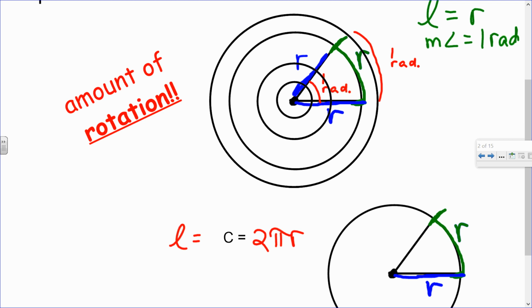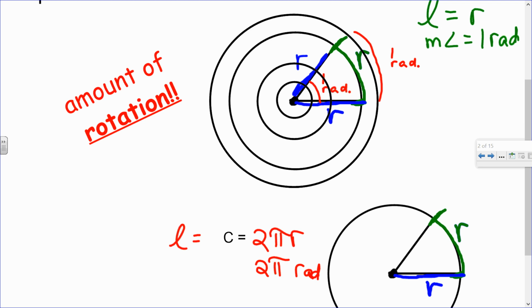So if R is 1 radian, when I've gone 2 pi r around there, I've gone 2 pi radians. Does that make sense to everybody? So all the way around the circle is 2 pi when we talk about radian measures.